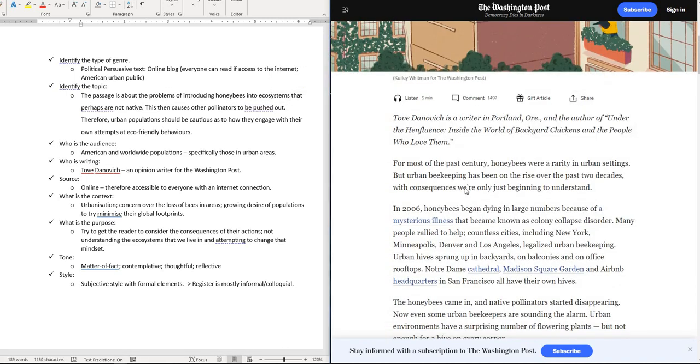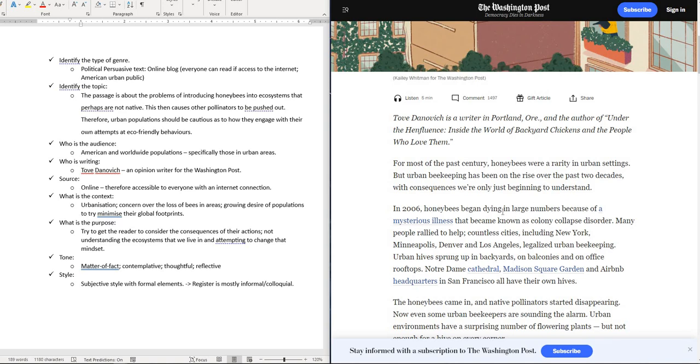And I can quickly brush through. The first thing you want to do always is skim through your passage, get a sense of the what, and be confident in it. So here we have the introduction. We know that it is the subjective content here. We know that it's specifically speaking about people in urban settings, not so much rural settings.